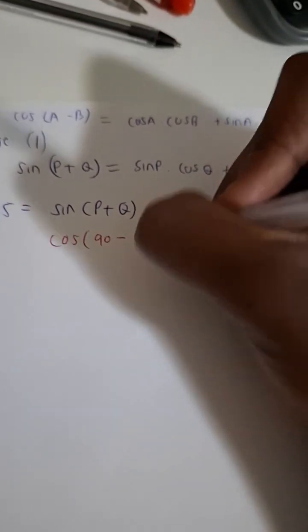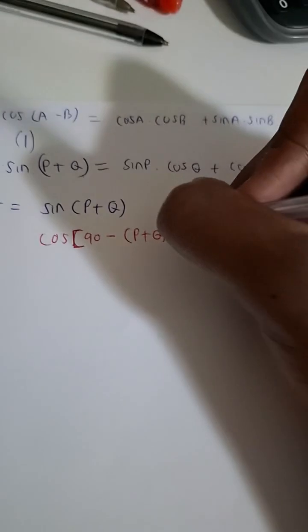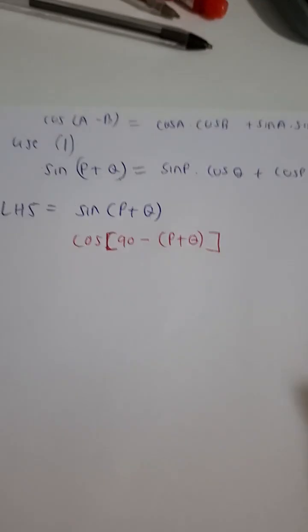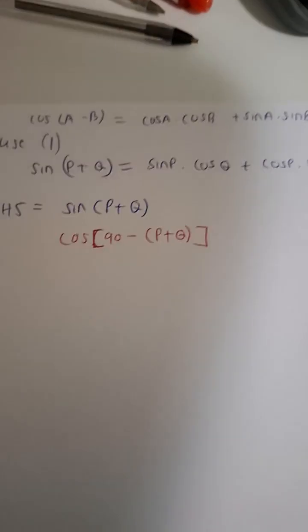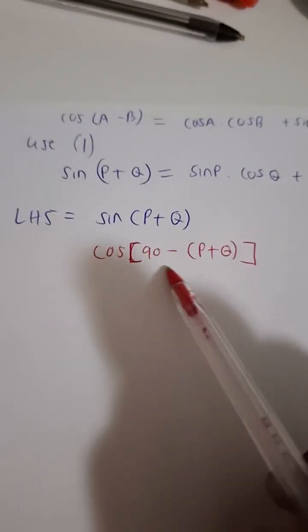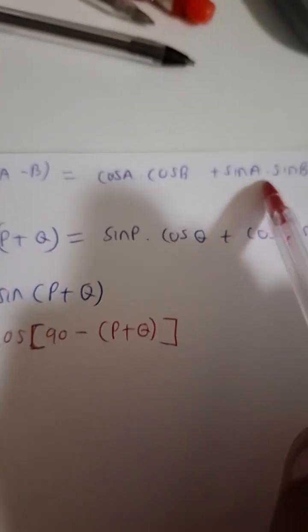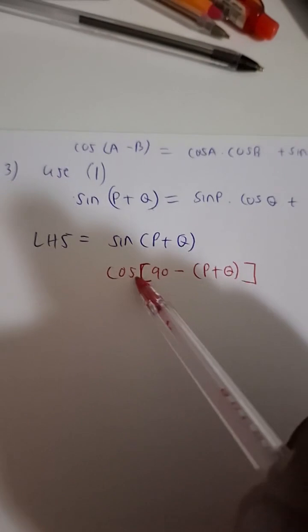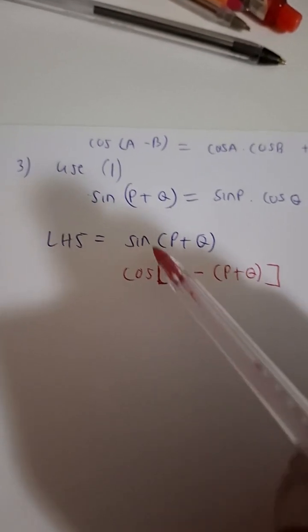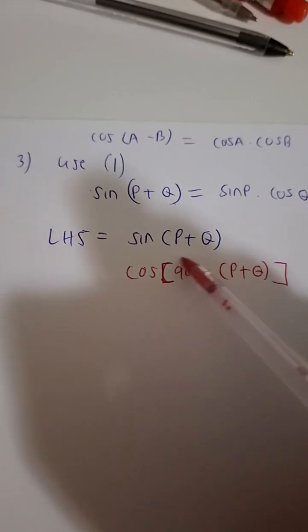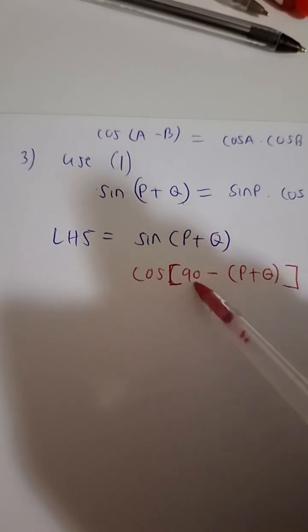P plus Q. I'm just going to use square brackets so that I can distinguish between what I've written. Do you see what I've just done here? Once again, sine of P plus Q. Because I'm interested in using this expansion, I convert the sine to cos, but I use the co-ratio 90 minus.